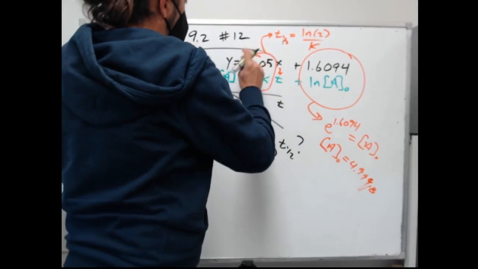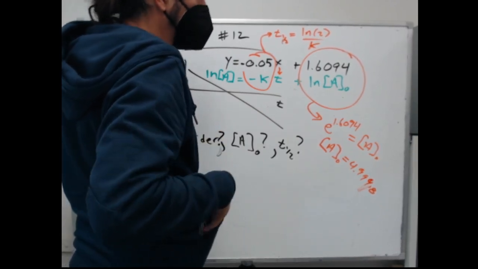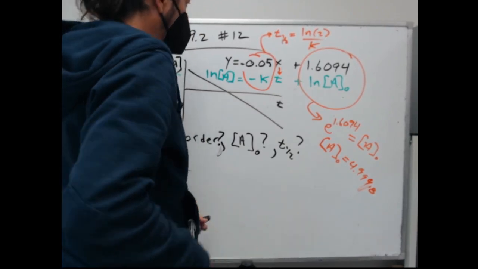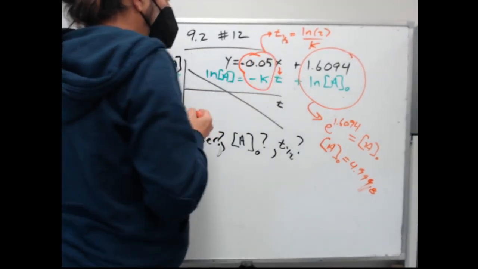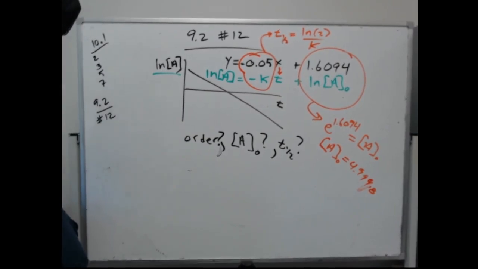Because we can't have a negative t1/2. I was about to have a little panic attack that I did something terribly wrong. There we go. So our k is just 0.05. Natural log of 2 divided by 0.05 gets us our t1/2.